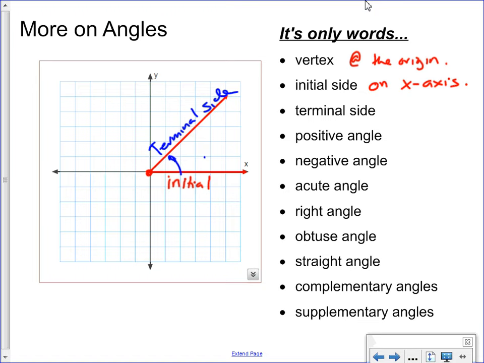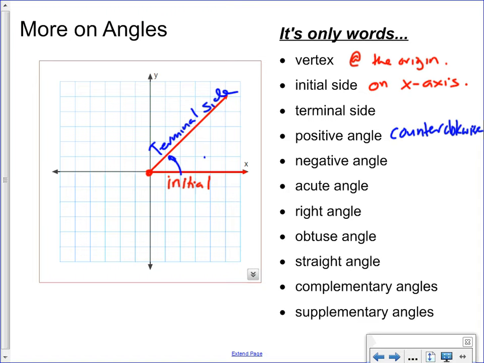A positive angle is measured counterclockwise, meaning from the initial side, if you're turning to the left, counterclockwise is the opposite way of the clock. So you turn to the left, that's a positive angle.